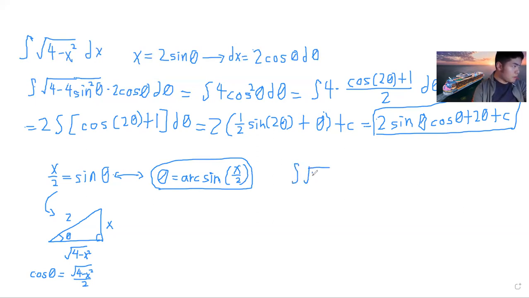Okay, so now for the final answer, I'm going to write it like this. The integral of the square root of 4 minus x squared dx is equal to 2 times x over 2 times root 4 minus x squared over 2, plus 2. I don't have space to write arc sine, so I'm going to write sine inverse.